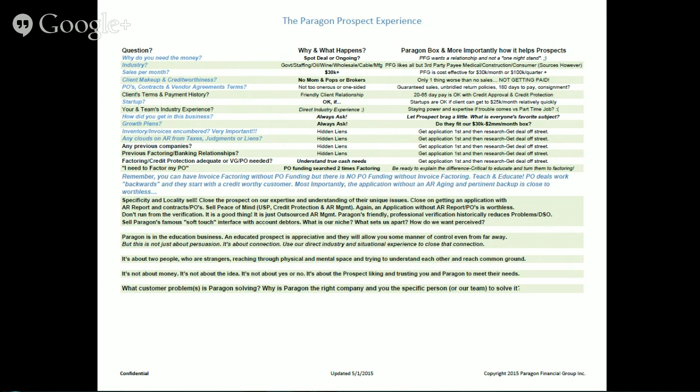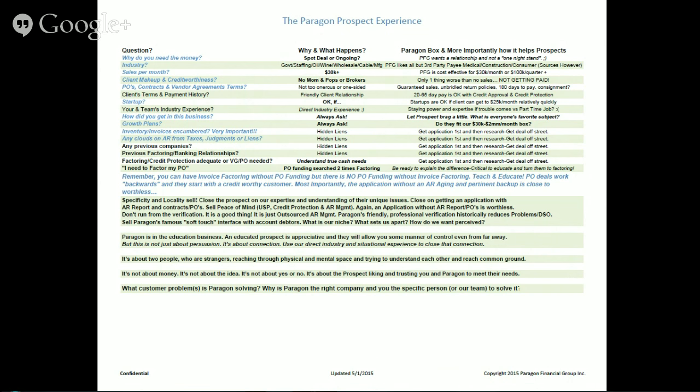Our unique selling proposition, which is another sheet in the broker section, I like to tell people what we're good at, is one, we're very startup friendly. So if somebody can get to 25, 30,000 a month in sales relatively quickly, their business can be 10 minutes old. We don't mind. We also credit insure.